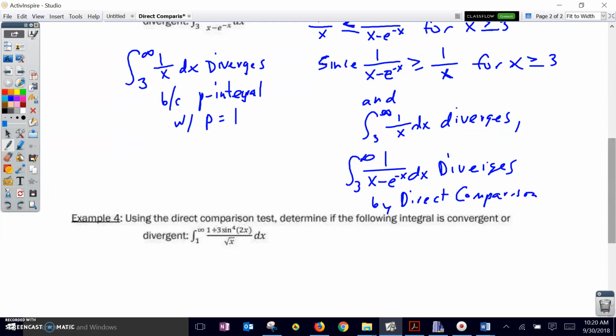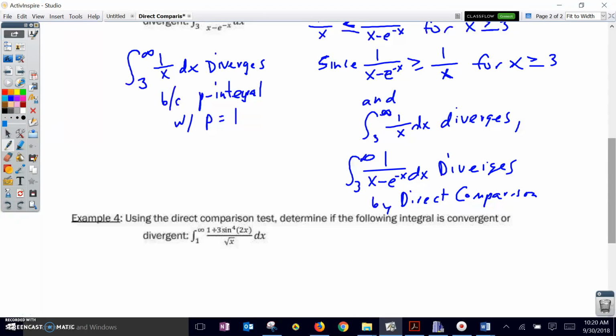Well, what we compare it to kind of depends on our initial hunch. My initial hunch is that this one diverges, I think. So I want to find a function that diverges that is always smaller than this one.